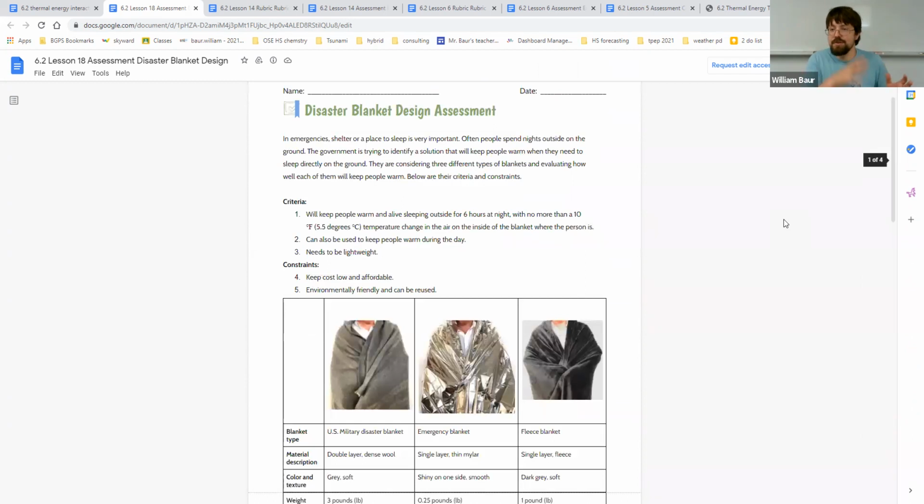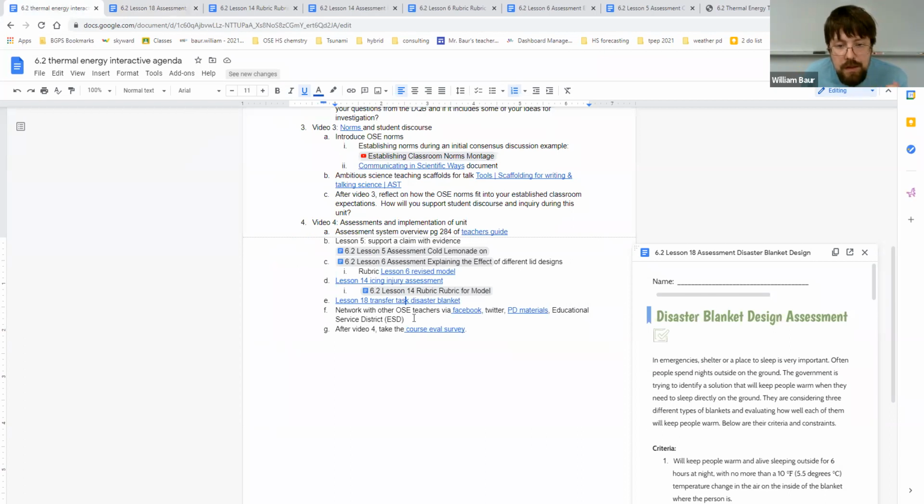I think this assessment also fits in really well in the 6th grade, because later they're going to be learning about natural disasters, like an earthquake at Mount Everest, and they're going to be learning about tsunamis. And so it fits very well in the theme of later units, these disaster blankets. So those are the main assessments that students are going to do throughout this unit.